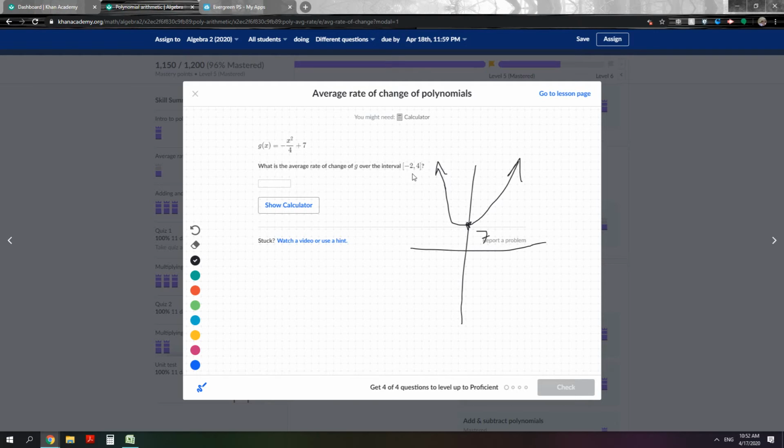But I actually need to know what it is when I plug in -2. Well, -2 squared is 4. 4 divided by 4 is 1. -1 is -1. Oh, this actually is wrong. It's actually an upside down parabola.